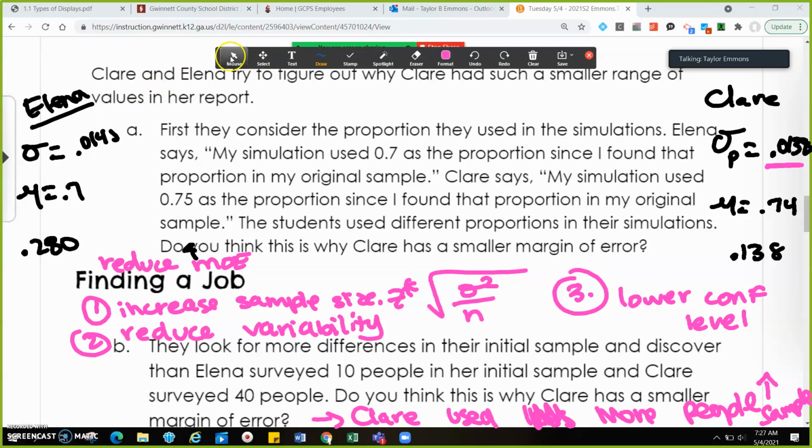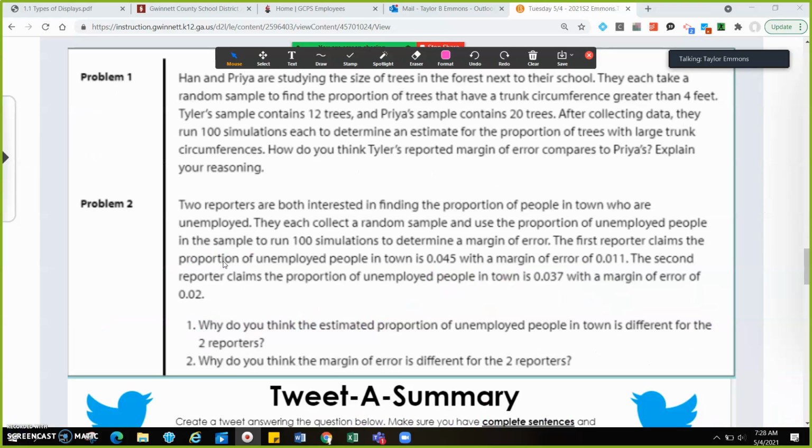All right, so Han and Priya are studying the size of trees in the forest next to their school. They each take a random sample to find the proportion of trees that have trunk circumference greater than 4 feet. Tyler's sample contains 12 trees. Okay, so Tyler's got 12. And then Priya's got 20 trees. After collecting data, they run 100 simulations, and each to determine an estimate for the proportion of trees with large trunk circumferences.